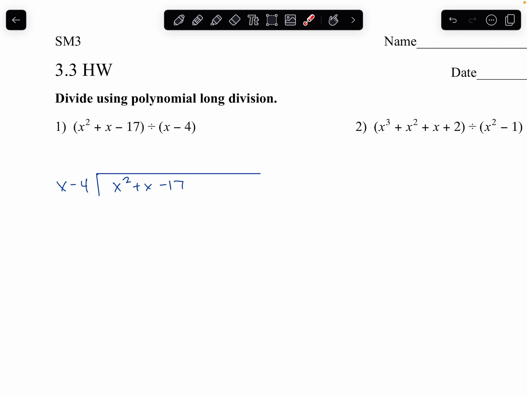Okay, and then we're going to divide. It really follows a very similar process as regular long division if you were using numerical values rather than polynomials. Follows the same kind of concept, or the same kind of steps.